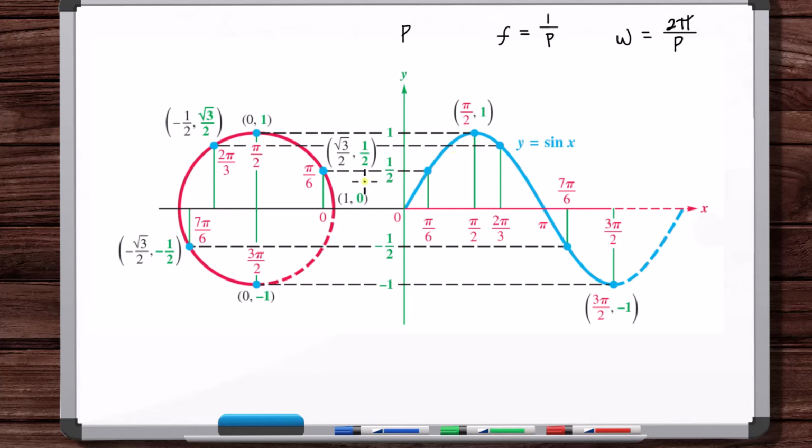The coordinates of the radius 2 circle would be based on 2 times sine x, which is not a definition of trig functions, right? There's no factor of 2 in the definition of trig functions. So when we make the radius 2 and multiply this by 2, we've deviated away from the definition of trig functions.